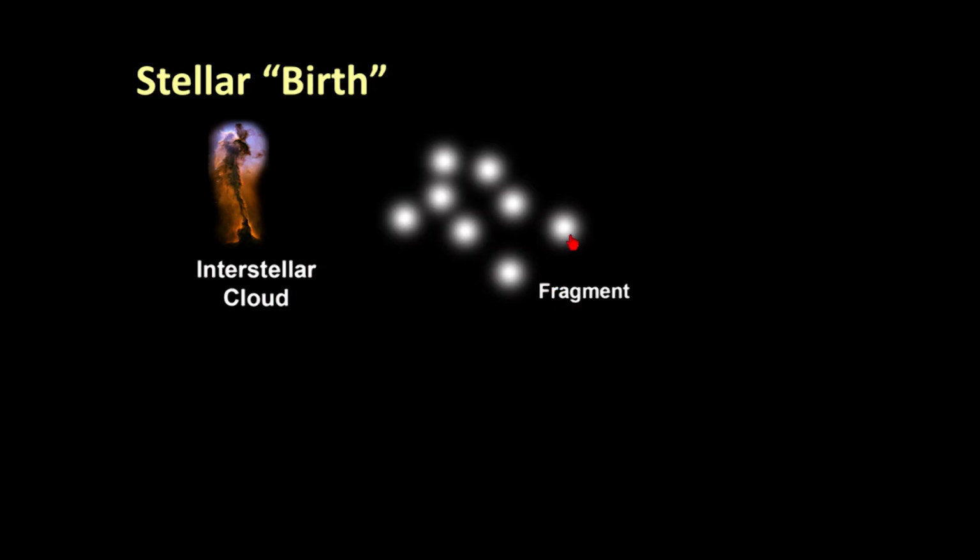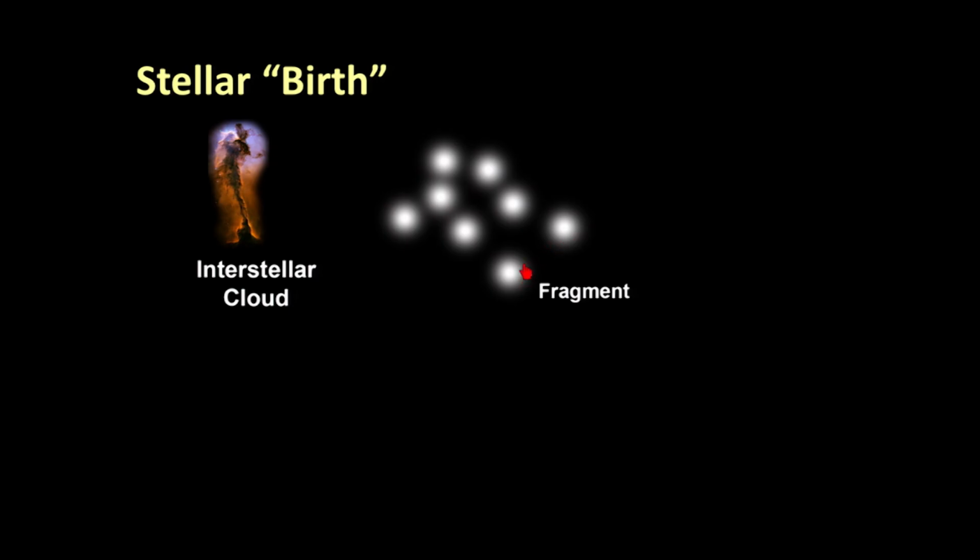Each of these dense portions of the cloud will collapse under their own gravity, and you'll notice the cloud pulls apart into individual fragments. These are still clouds, but it is more of a fragmented cloud as opposed to one big clumpy cloud.